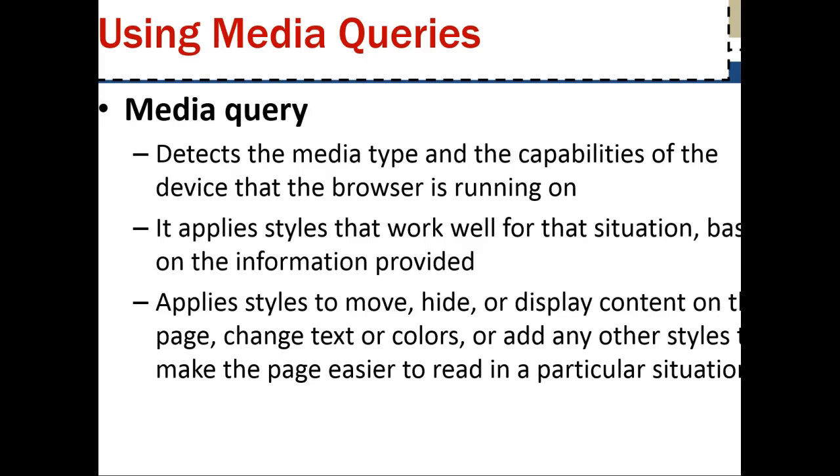So, we take that approach and then we move on to the bigger size. Maybe you remember from the previous chapter, we used the media query to detect the media type, such as screen or print, and then the capabilities of the device that the browser is running on, such as the size of the viewport in pixels, or the orientation, portrait versus landscape.